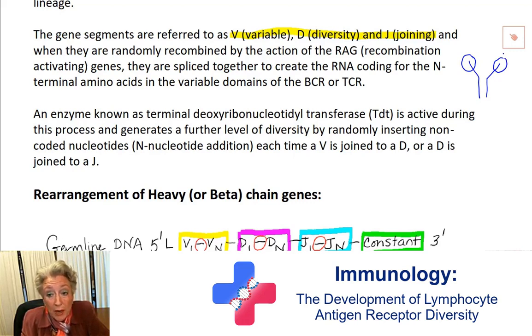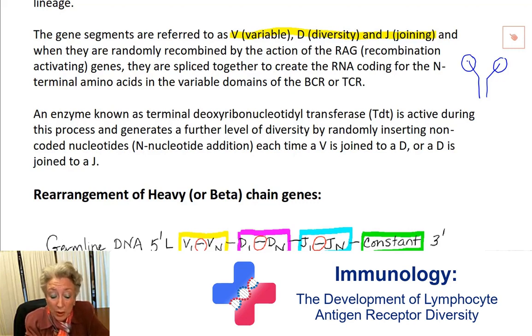Both my T cell receptor and my B cell receptor have a variable domain at the N-terminal end, so that when we rearrange the amino acids by shuffling the DNA, we make a different shape to the pocket that will then accommodate a foreign substance.